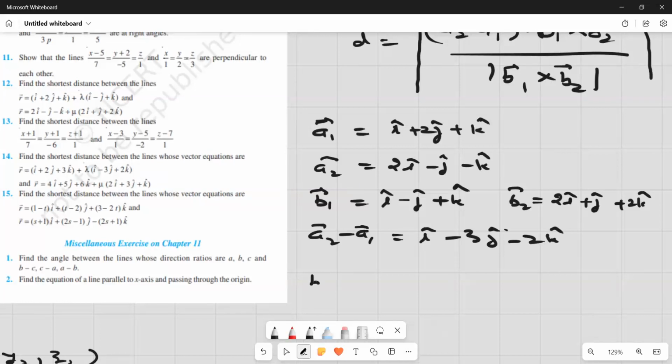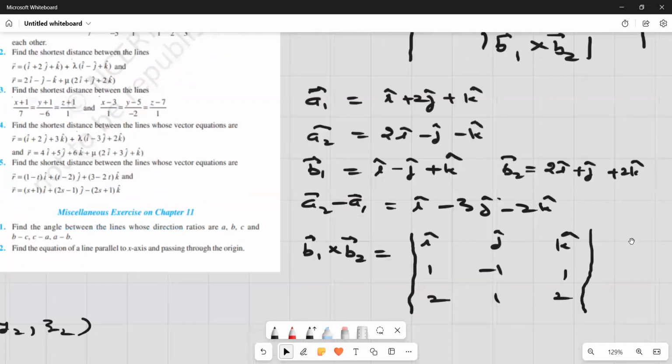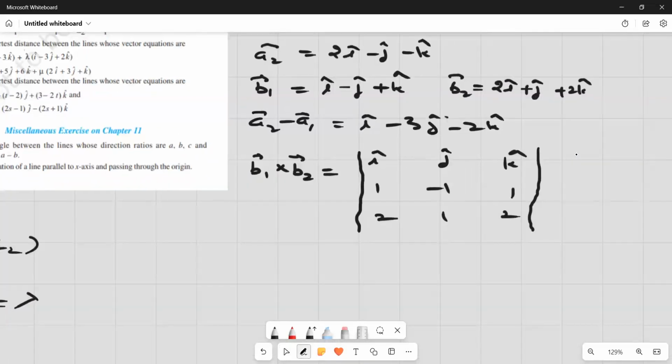Now let us find b1 cross b2. That will be the determinant with i, j, k, 1, minus 1, 1, 2, 1, 2. Actually, we can find it by the scalar triple product also, a2 minus a1 dot b1 cross b2, but because we need the magnitude of b1 cross b2 in the denominator, it's better to find it here only.